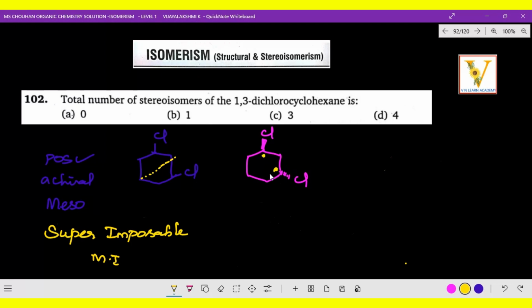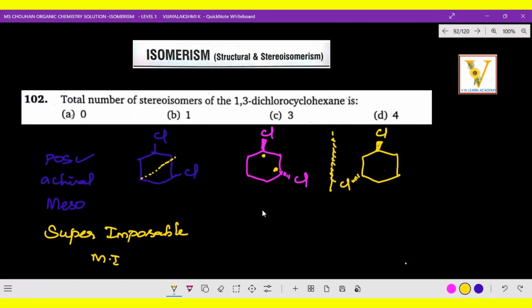Two chiral centers are available, which means it is a chiral compound. I can draw its non-superimposable mirror image: the other one has this side wedge and this side dash, with Cl on the other side.